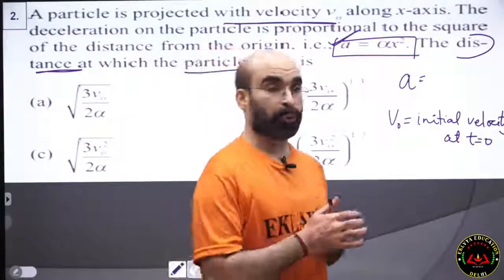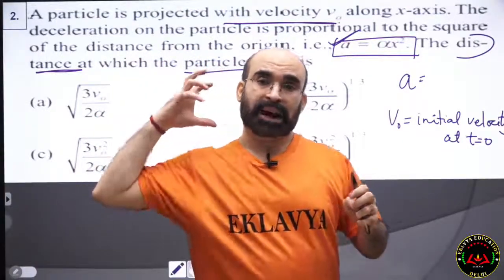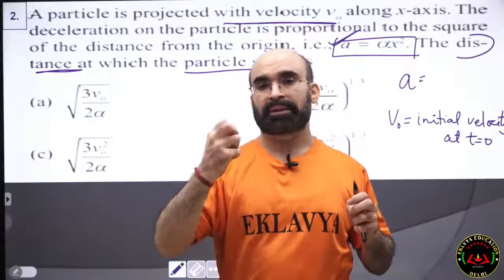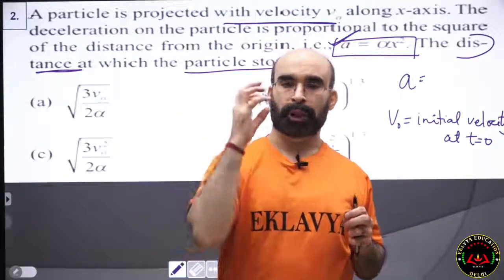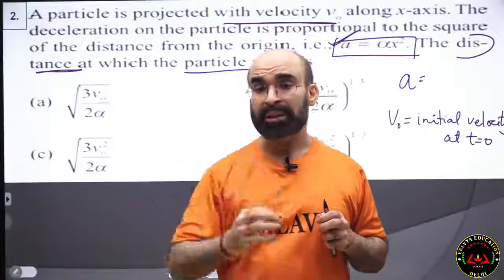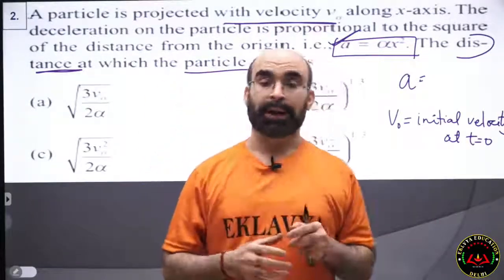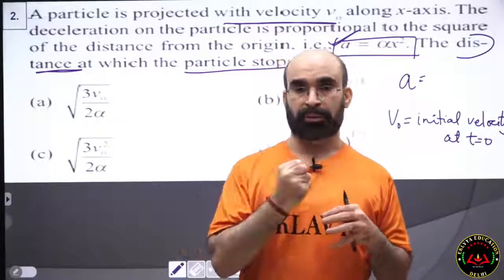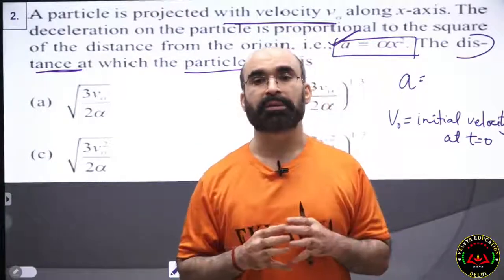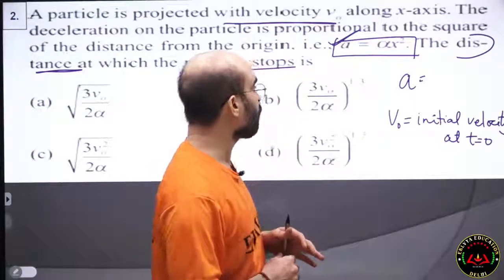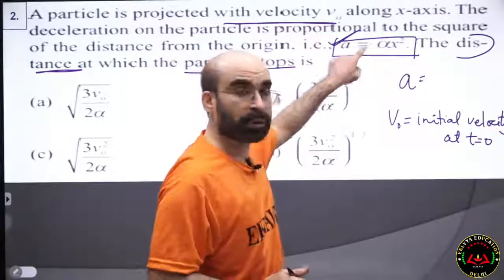And mind it, the body has started off with some velocity. When the velocity becomes 0, when it stops, there must be some retardation, right? Retardation means negative acceleration, you can consider it. So that expression is given to us.